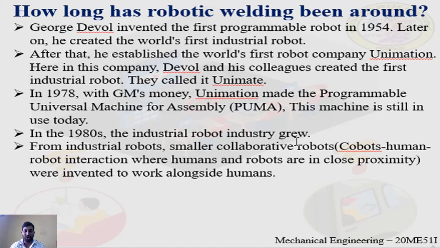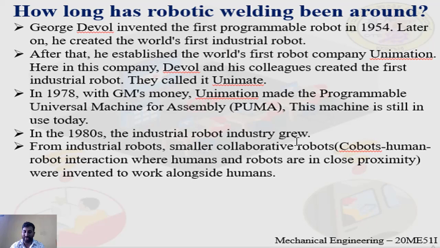George Devol, the American inventor, invented the first programmable robot in 1954. Later on, he created the world's first industrial robot. After that, he established the world's first robot company, called Unimation. In this company, Devol and his colleagues created the first industrial robot.